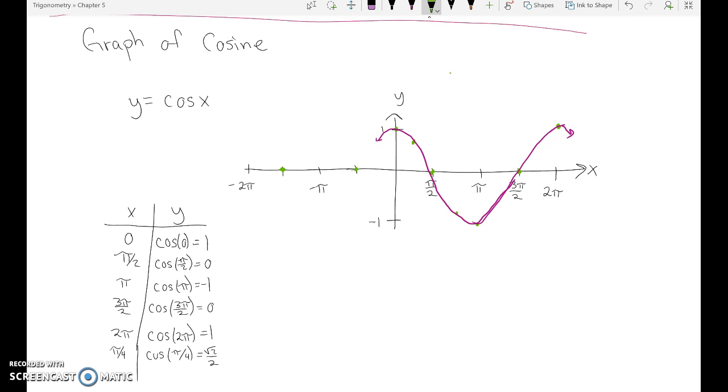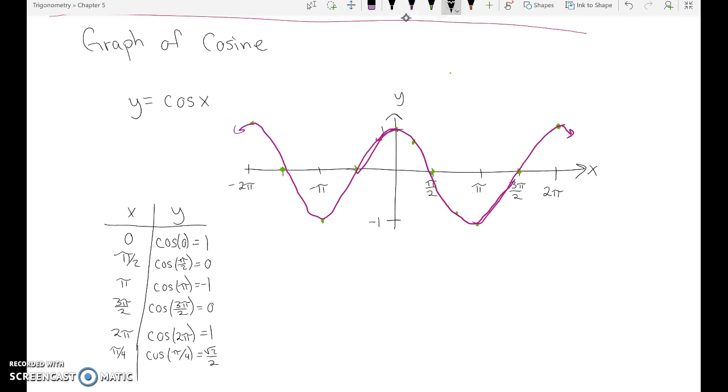And then with my -pi, this time I'll go down to -1, and with my -2 pi, I go up to +1. And so if I continue my graph here, I've got to get it through the point, come in like this. And so it makes that same sort of wavy motion that we saw with the sine graph.